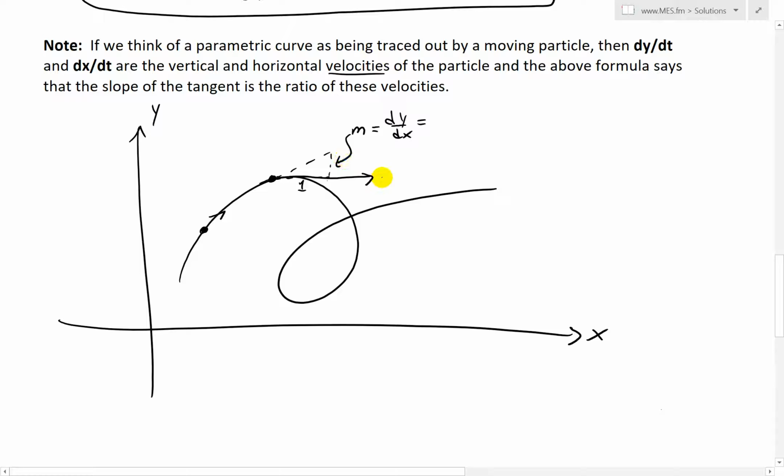And now this point right here is our dx over dt, so with time, how fast it's moving, and then in the vertical direction, this is dy over dt, like that. And then the slope is equal to dy over dx, and that's going to be the ratio of these two: dy over dt over dx over dt, so the vertical over the horizontal velocity components. So that's just a good way of looking at it.